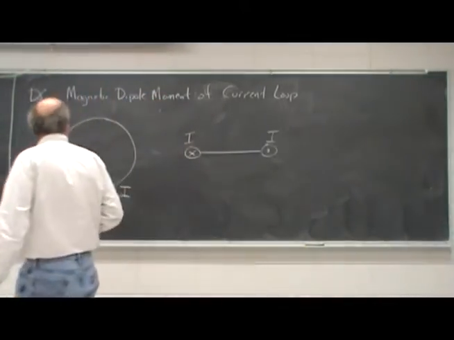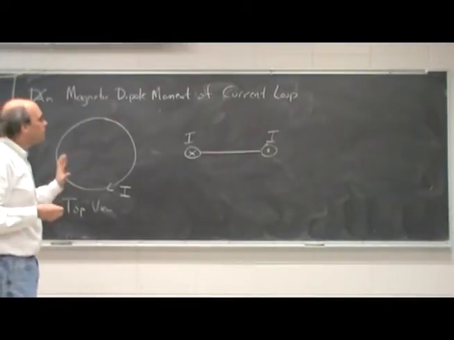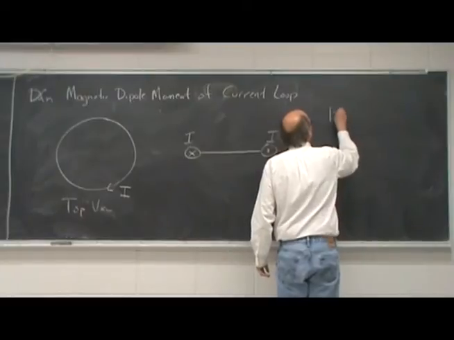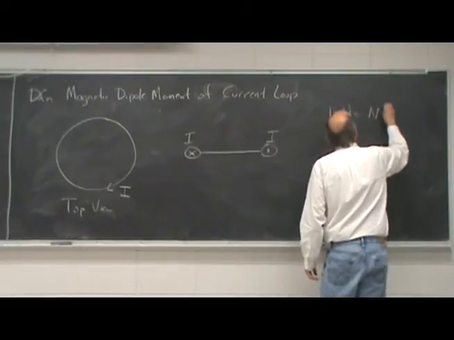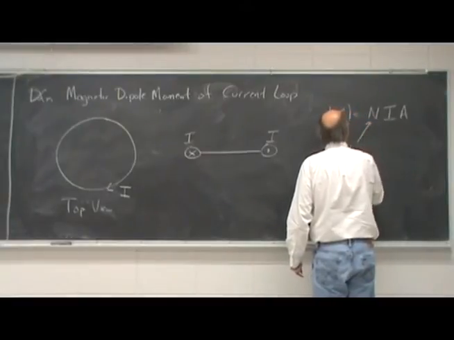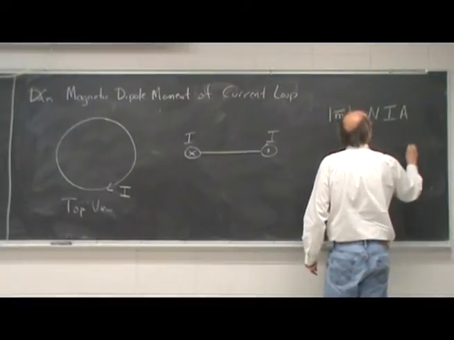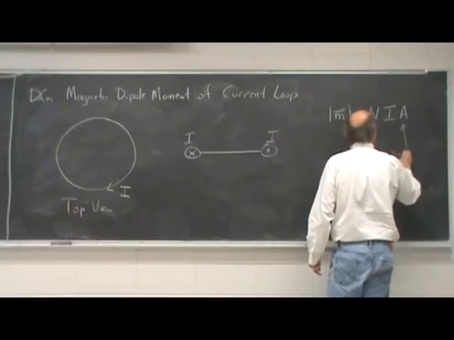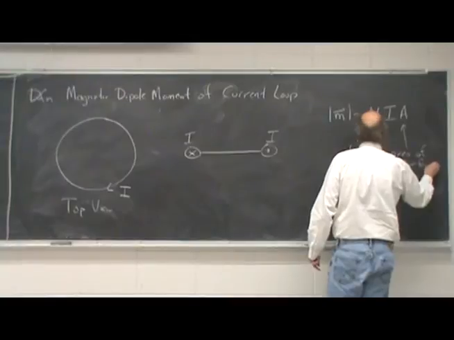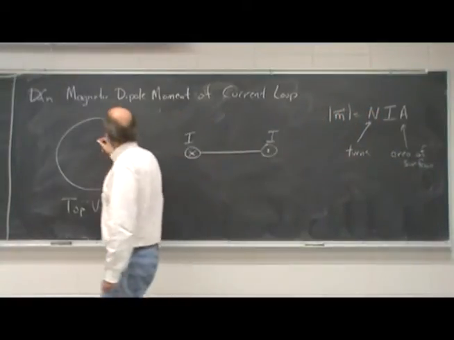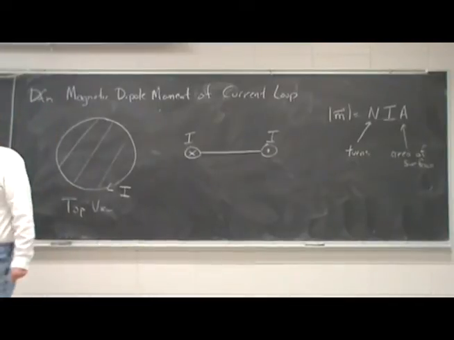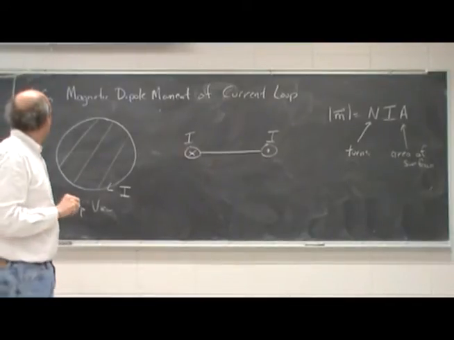Okay. So first, the magnitude of the magnetic moment of a current loop. It's the current times the number of turns, times the area of the surface. And by area of the surface, I mean the surface bounded by the current.